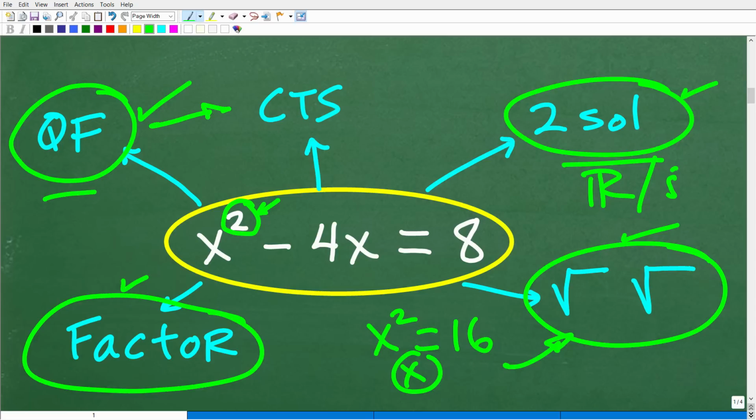And there is another cool technique called completing the square, which is kind of like the long version of the quadratic formula. It's something you need to understand, and a lot of students get confused about this as well. But we're going to be concentrating here on the quadratic formula.